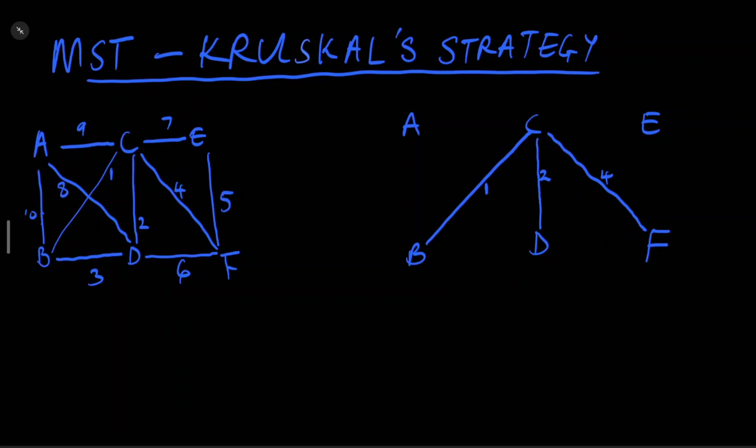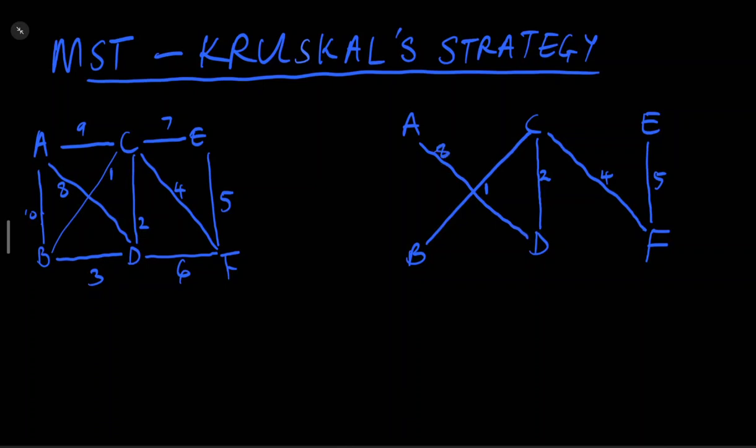The next one would be 5, and it does not form a cycle. The next would be 6, but it forms a cycle, so we're going to pass. The next one is 7, but it forms a cycle, so we would pass. The next one is 8, and 8 does not form a cycle, so we go with it.